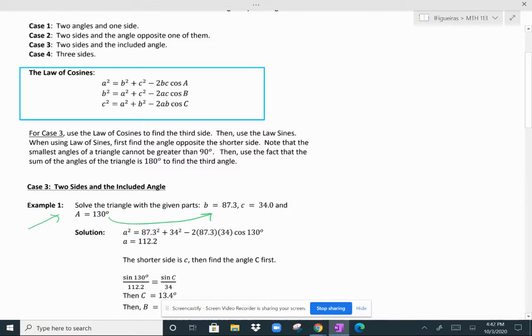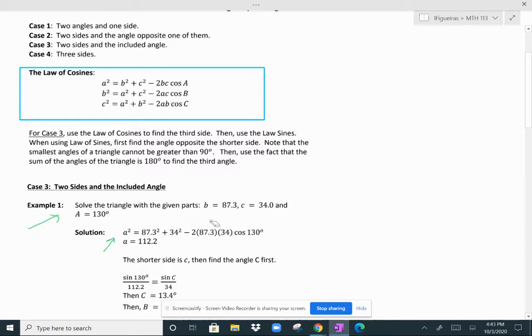That means I need to solve for side a first. So I'm going to use the first formula, a squared equals, and then plug in what you know for b and c: 87.3 squared plus 34 squared minus 2bc, so that's what you see here, times the cosine of A, which is 130 degrees.